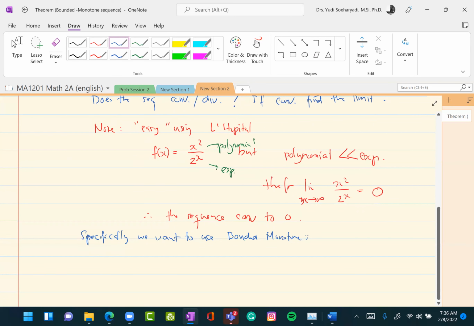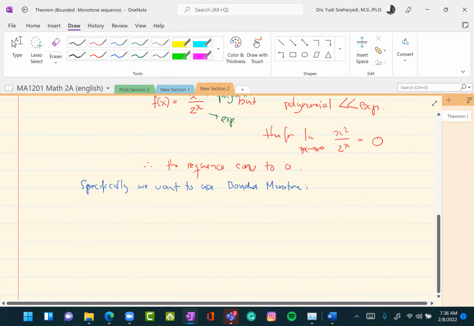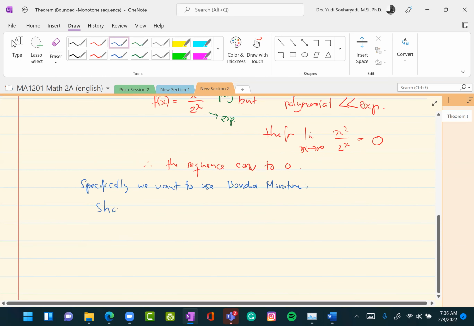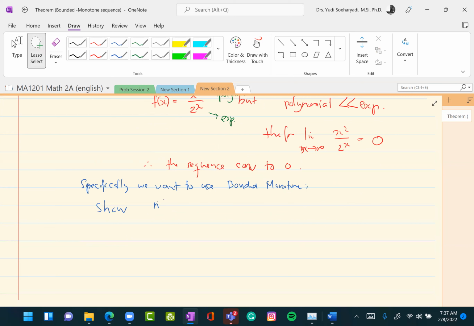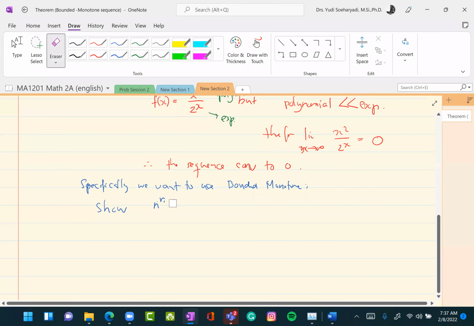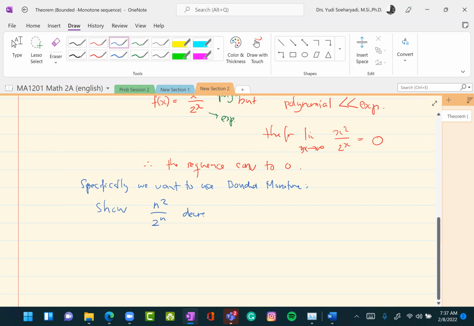So we will show that this is decreasing. So n squared over 2 to the n is decreasing and has a lower bound.